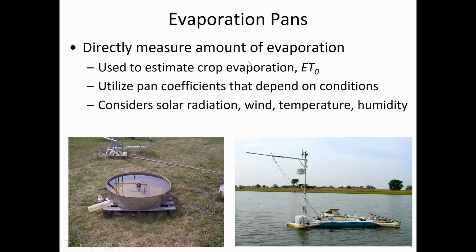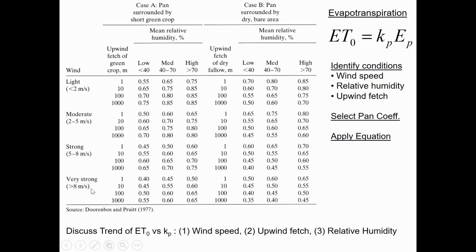If you think about it, this is a physical integration of all of those factors continually over time. And so you'll potentially get much better results in predicting how much evapotranspiration there was using a pan.